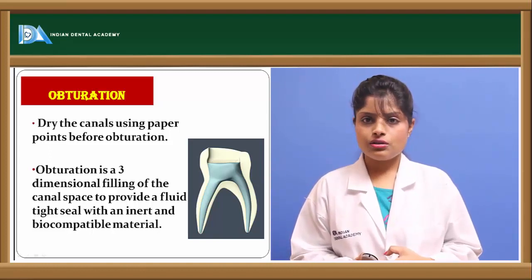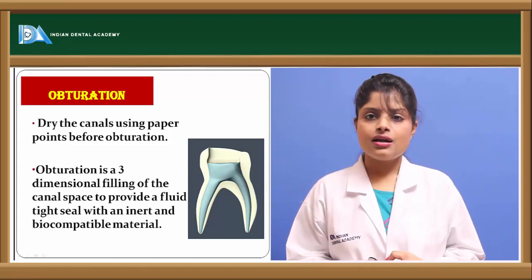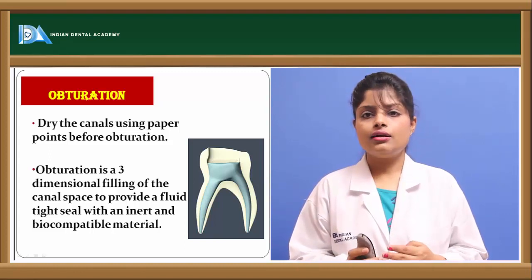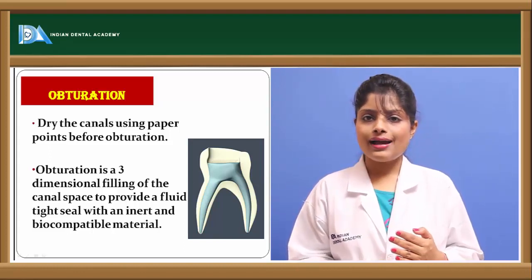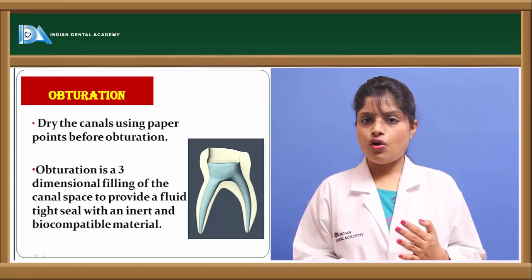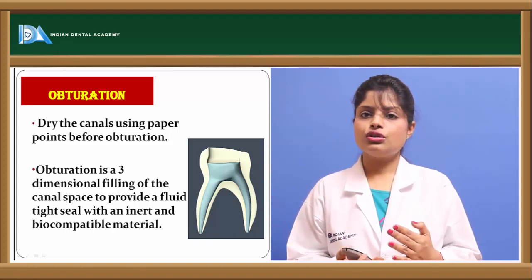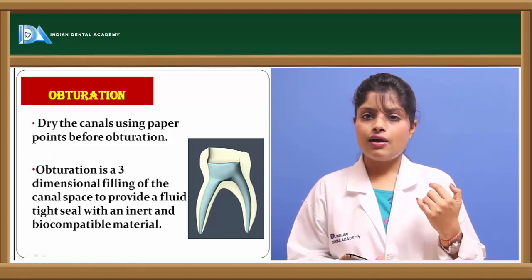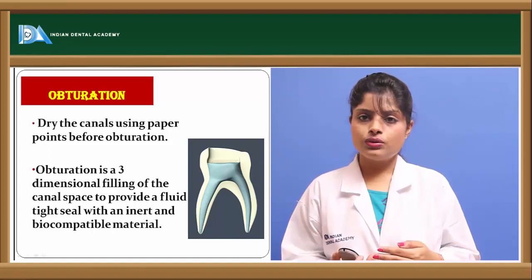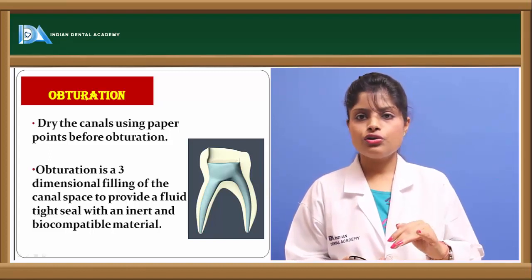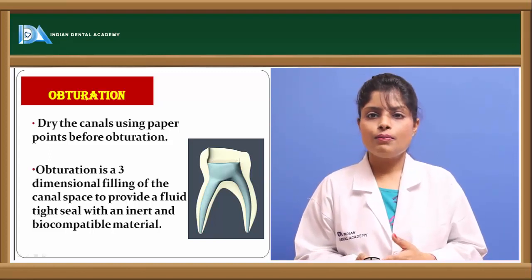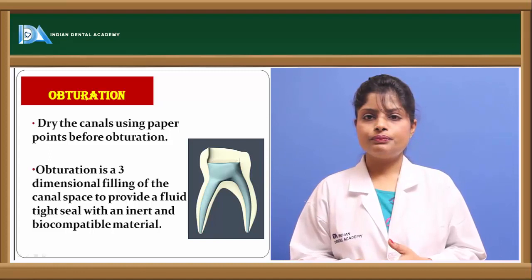Now, obturation is a three-dimensional seal which will seal the canals or the tooth from periapical leakage, or any infection from the periapical region traveling into the tooth. It also protects the coronal portion too. That is, any infection from the coronal portion cannot reach the canals with proper obturating material.